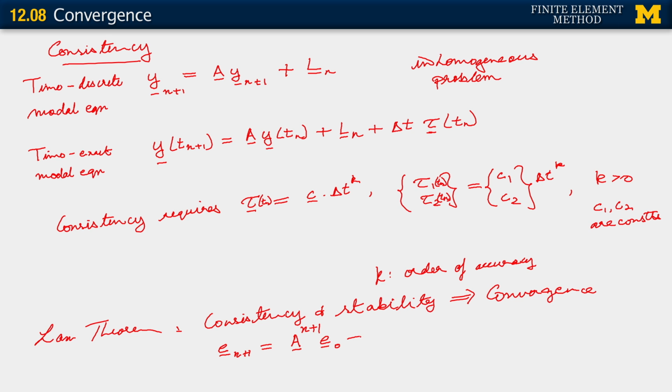Plus, it's minus, sum I going from 0 to n, delta t, A to the power I, the tau vector, which is the 2 vector I wrote just above here, at Tn.